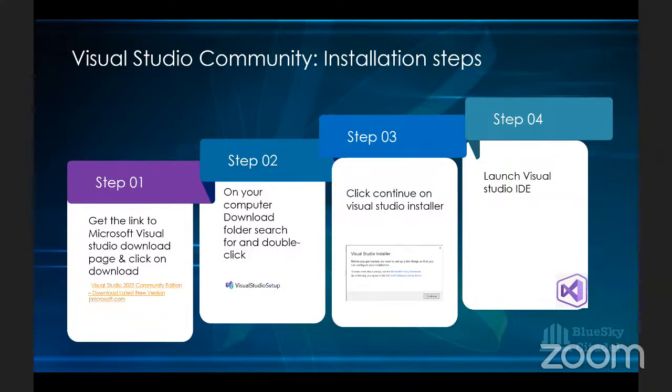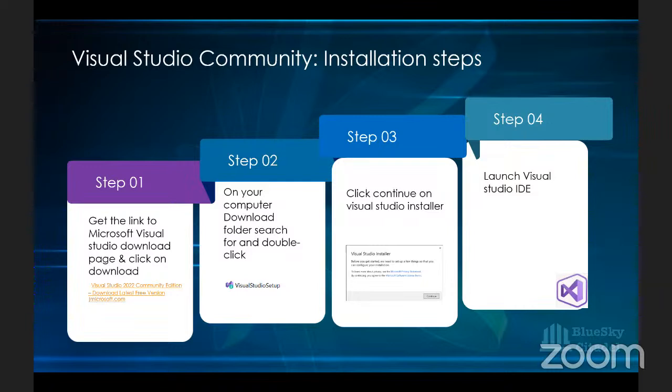So first, you're going to get the link to the Microsoft Visual Studio download page, and you're going to click on the download. That's the first step. When you do that, you would get that downloaded into your computer. On your computer, it goes straight into the download folder. You have to search for Visual Studio Setup and double click on it. And then the installation starts.